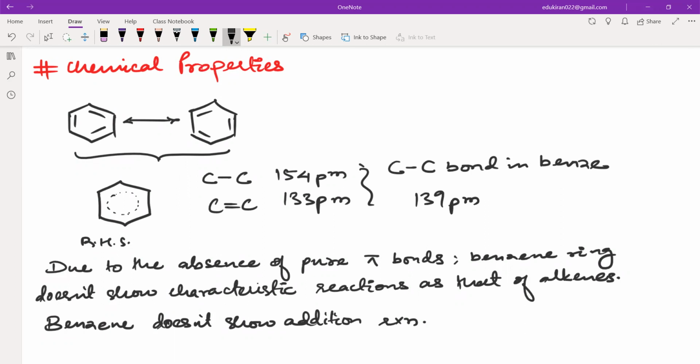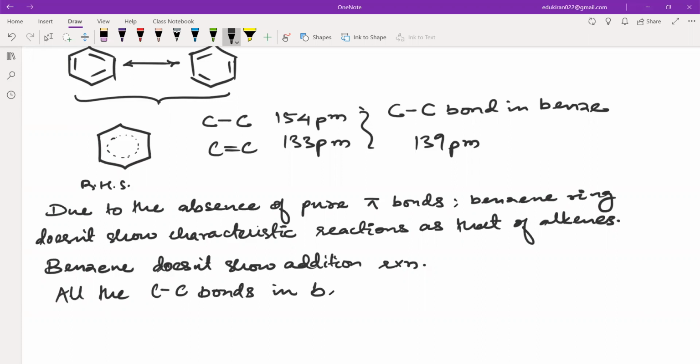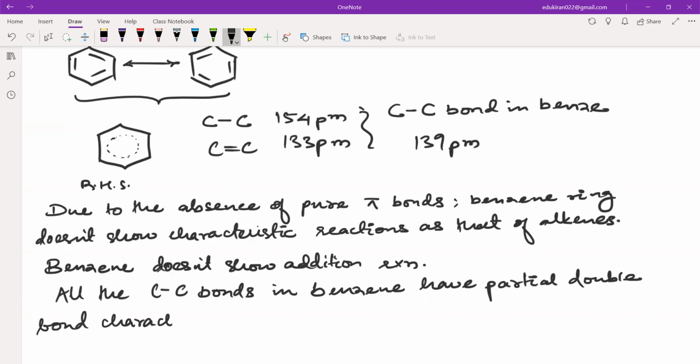This measurement suggests that the bonds between carbon and carbon in benzene have partial double bond character. So all the CC bonds in benzene have partial double bond character.